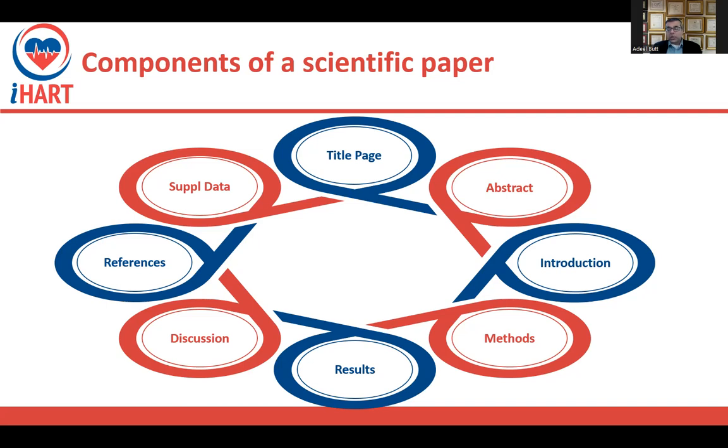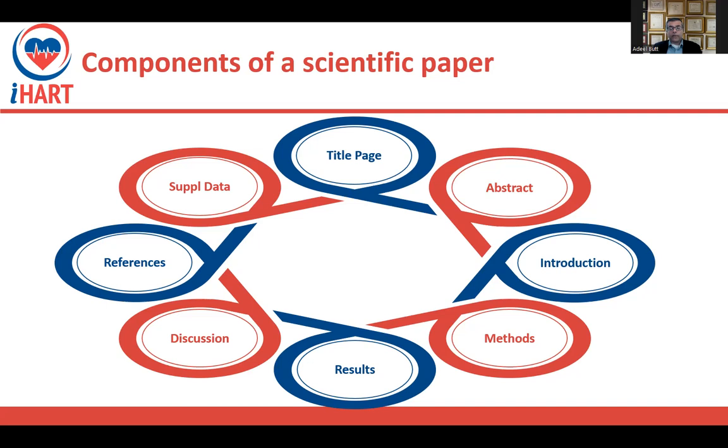Following the title page or pages, generally you have the abstract page, and we will talk about that in a second. Then you get into the main body of the article, and generally most articles follow the same headings or same progression. You start with introduction, followed by methods, then you share the actual results of your study, and follow that by a discussion of your findings.